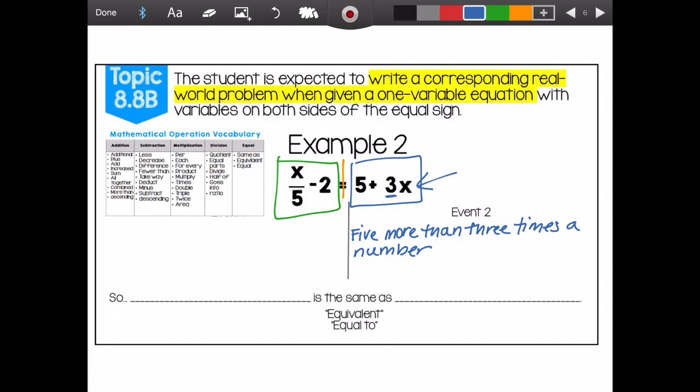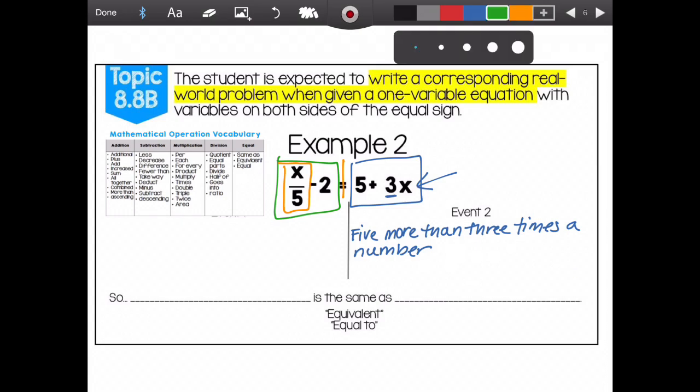Okay. Now let's go back to the left side. Let's look at this first term here. X divided by 5. Now again, the answer to a division problem is called a quotient. We could say fifths, because if we're dividing something into fifths, that means it's 5 parts. The denominator shows us that. The easiest way, I would say, is the ratio of x and 5, because again, a ratio is a fraction.